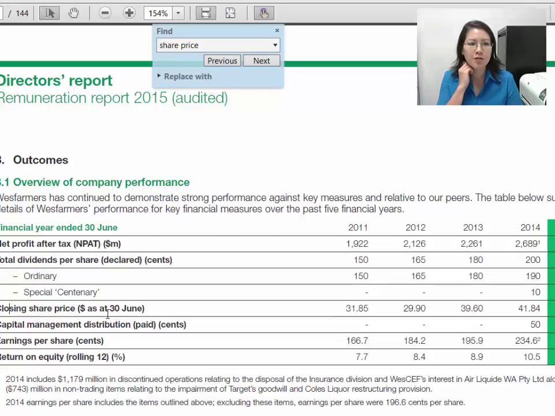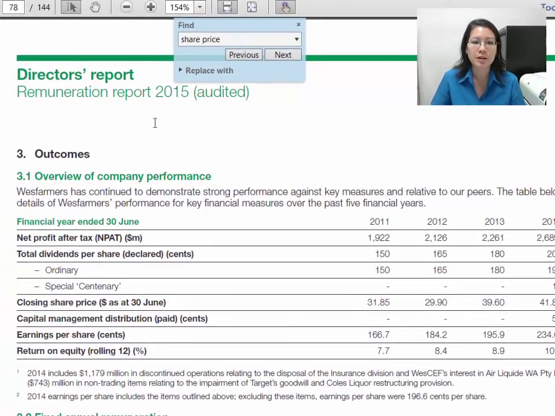So Wesfarmers, I knew just from working with them from previous years that they actually do tell me their share price. Your companies may not, or they may. So just have a bit of a search, and then if you can't find it, you can go on to, for example, the stock exchange website, or Google Finance or Yahoo Finance. And have a search there.